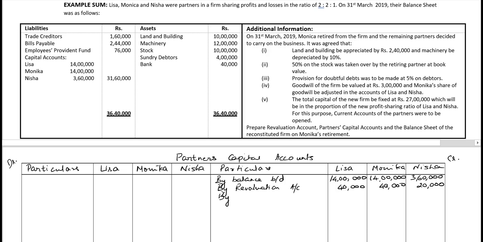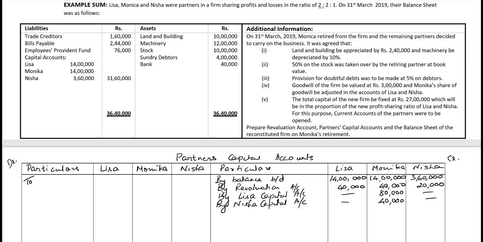So it's by Lisa's capital account, under Monica, the retiring partner, we'll have 80,000 rupees. And by Nisha's capital account, under Monica, again 40,000 rupees.